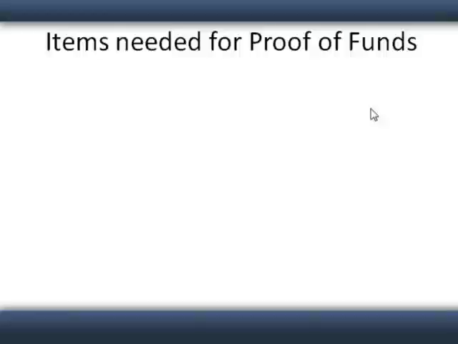Now, initially, you're just going to turn in these items as far as the request. You're going to send an email. It's going to say proof of funds request letter, and it's going to include these items. Number 1, client's business name. Number 2, the client's name. Number 3, the email address that you want this proof of funds letter sent to.